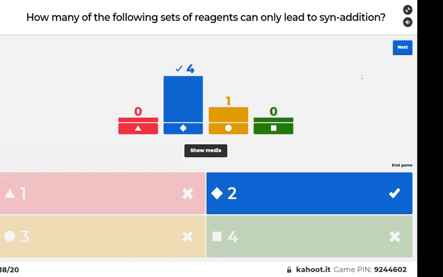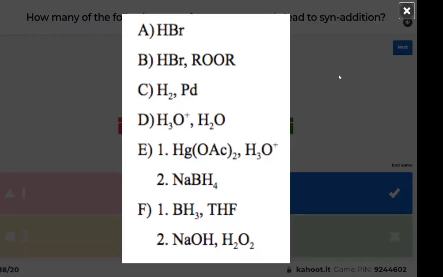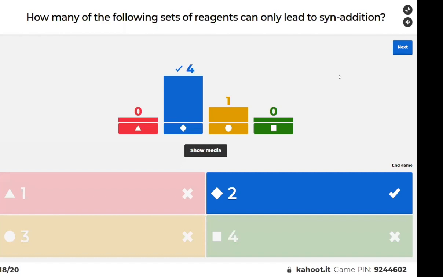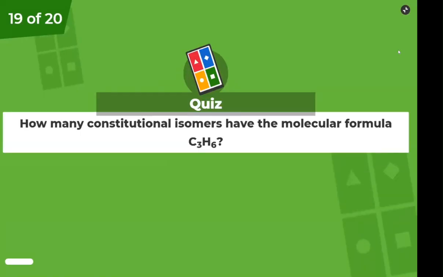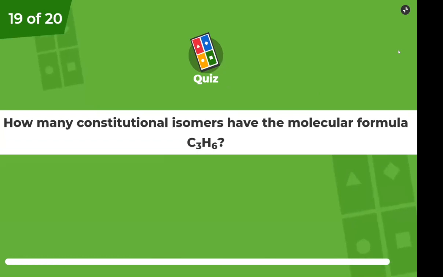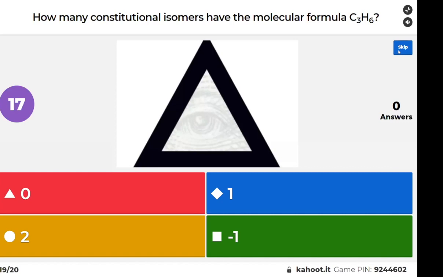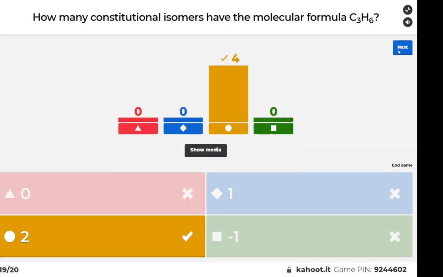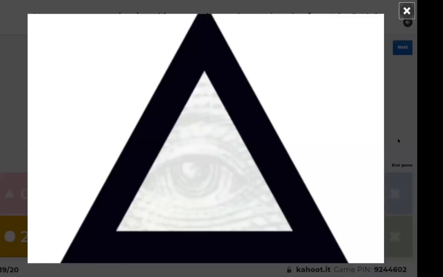So only two, C and F. So you have two. One is this, and the other one is with a double bond.